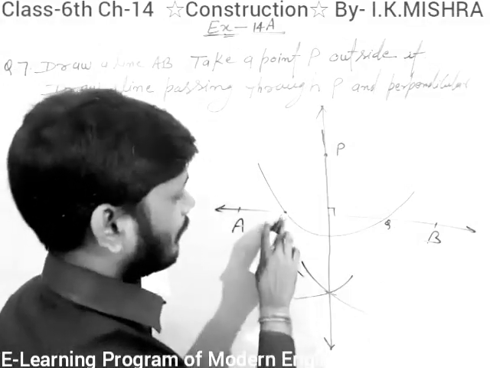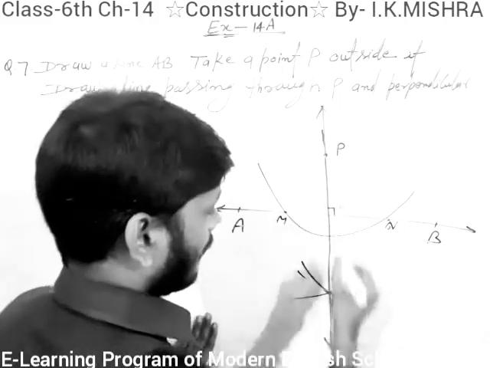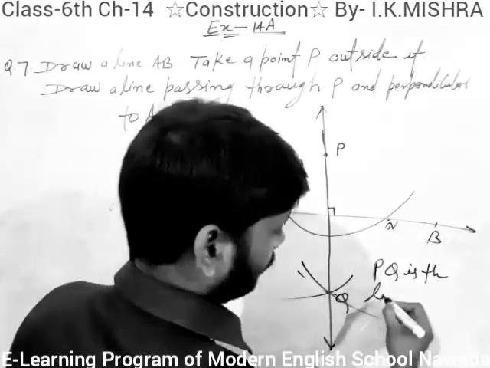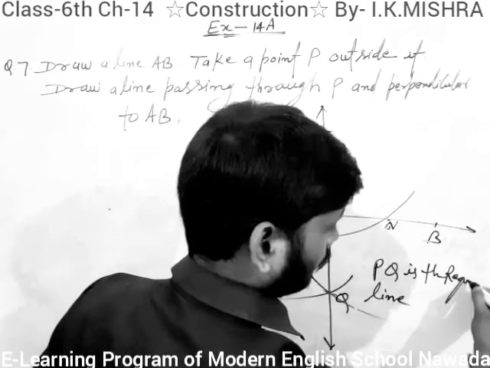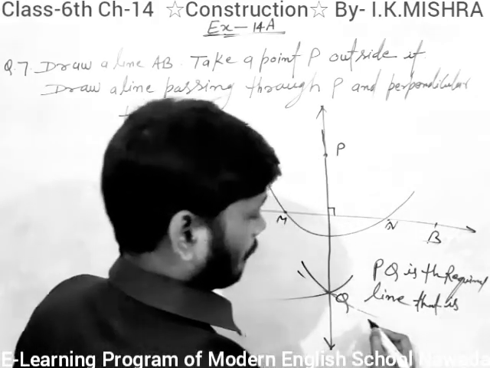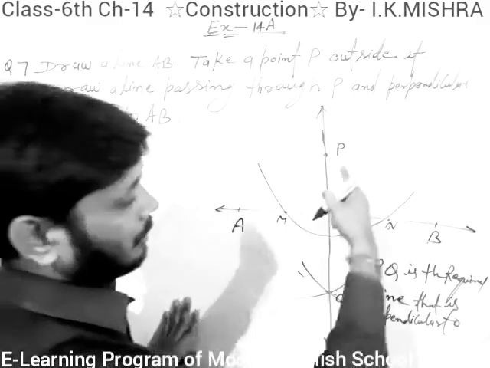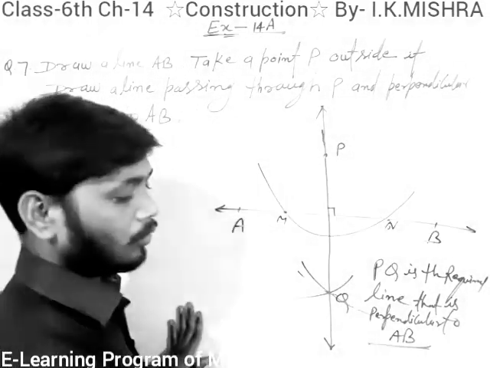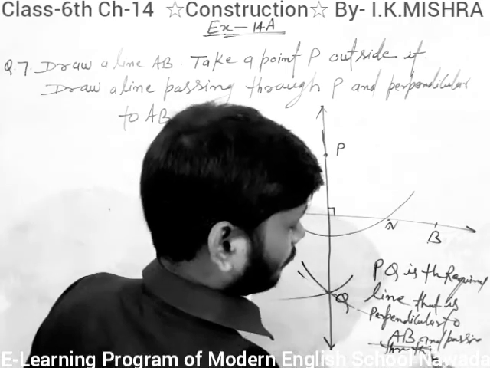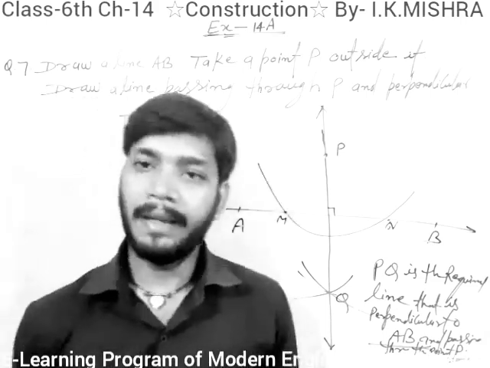Here the names must be put, M and here N. Here M and N. Students, here P and Q. Write the name, it's Q. Here PQ is the required line that is perpendicular to AB and passing through the point P. Clear, students? Now proceed to the next question.